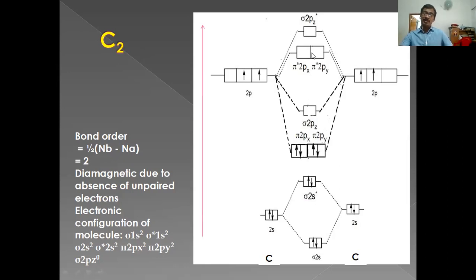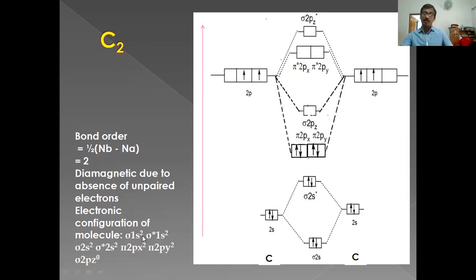What is the reason? You observe the molecular orbitals. In molecular orbitals, only paired electrons are present. If there are only paired electrons in the molecular orbital, that substance will be diamagnetic. So it is diamagnetic. And what is the electronic configuration? Already there is sigma 1s and sigma star 1s.